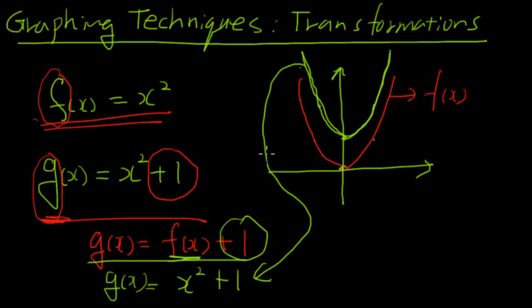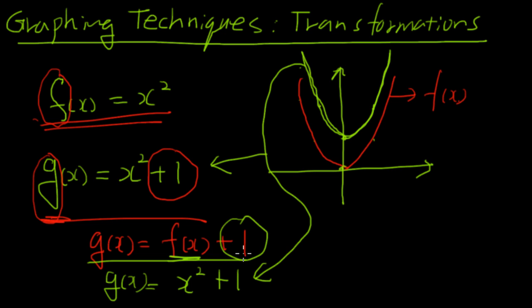That's our g of x. So we have a new function that is almost the same as the original function, but we add or subtract a number. Then we move up or down by whatever the number is that was added or subtracted.